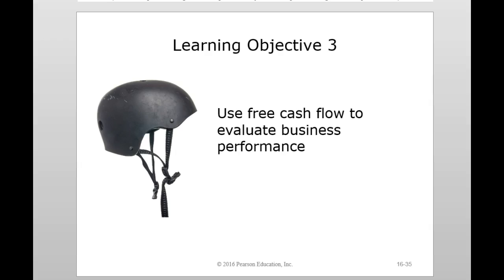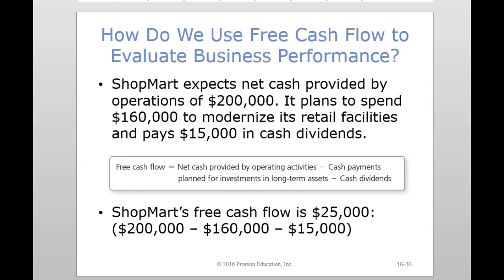And one final note, I will show you the use of free cash flow to evaluate business performance. And what does that mean? So you're going to sit down and look at this and say, okay, what's our true free cash flow? They expect a net cash provided by operations of $200,000.